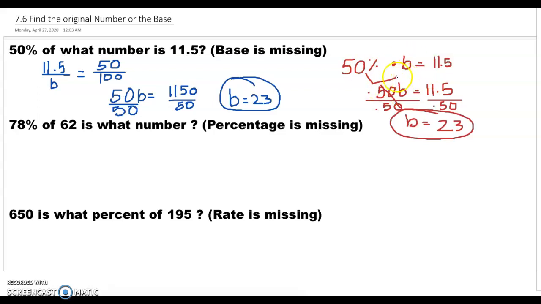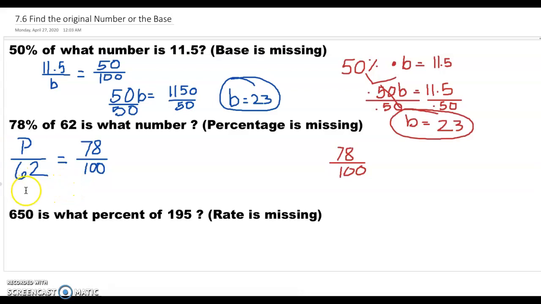Okay, this is the proportion formula. This is the percent formula. Now I have the next one set up already. We're going to find the percentage. The percentage is missing. So how we would do that is we put the percentage over 100, and the number given over the base. Then we cross multiply, which will give me 100p. Let me make some more room.